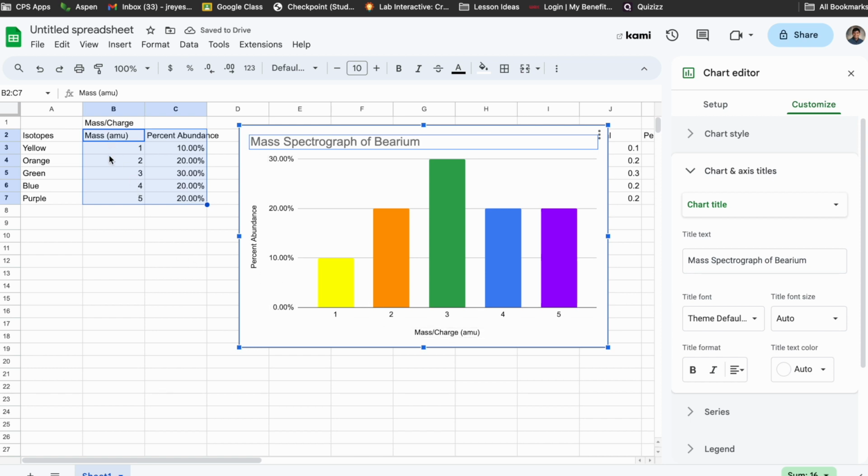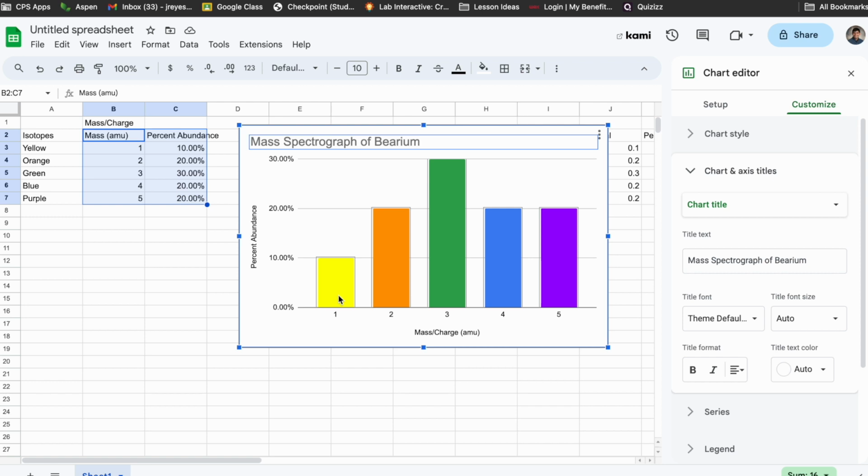And here you can see that these are my percent abundances. The green one was the most abundant at 30%, so it's the highest in the column. It has the tallest column. And here we can see the masses, 1, 2, 3, 4, 5. And again, these things come from the number of protons and neutrons combined. So they all have the same number of protons because they're all the same kind of atom, which is barium.